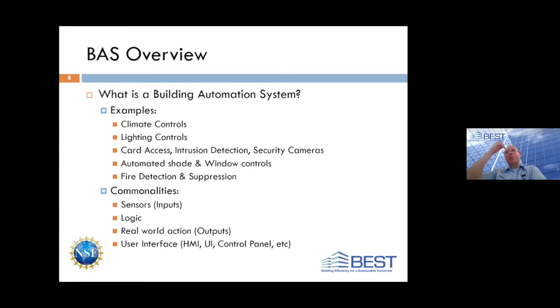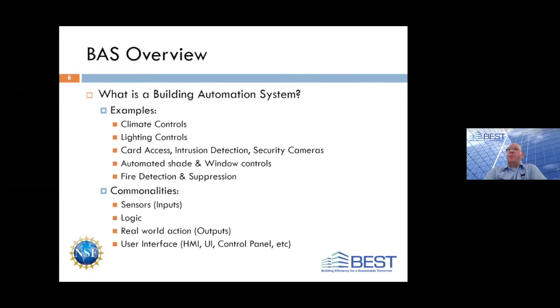All building automation systems have some sort of sensors associated with them. Climate controls, oftentimes we're talking about temperature and humidity, air quality sensors, airflow sensors. Fire alarm and suppression, we're talking about the smoke heads that detect smoke. Card access, the card readers themselves. Security cameras, the cameras.